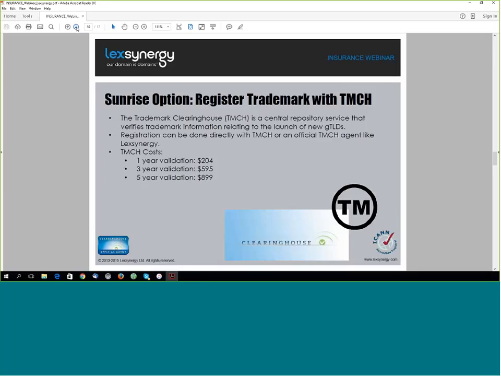If you feel that you want to participate in the Sunrise period of other new gTLDs, which is possible, you can then go for the 3-year validation, which means then you can participate in the Sunrise period for 3 years after the trademark has been validated. It's very seldom that people go for the 5-year validation since the launches are coming to an end. So I think the 3-year validation or the 1-year validation is the correct option to go for in this instance.